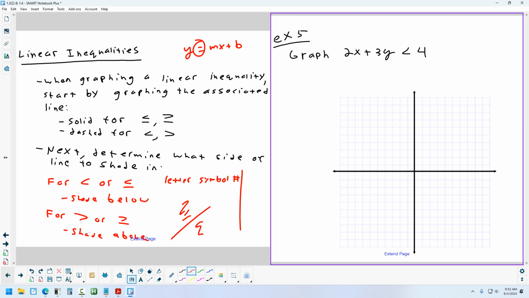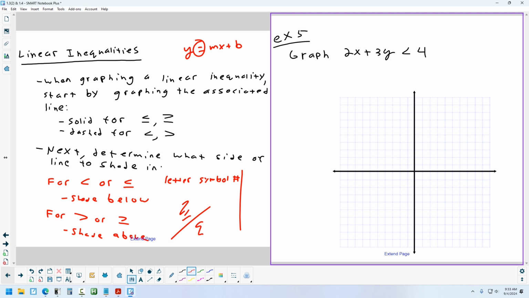All right, so let's try graphing this one with the shading, the line, whatever kind of line we need, everything. So 2x plus 3y is less than 4. Is this the format we said is the easiest for graphing?